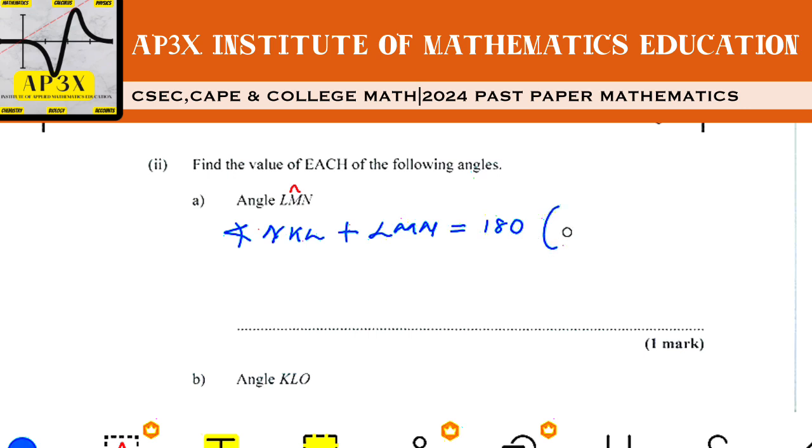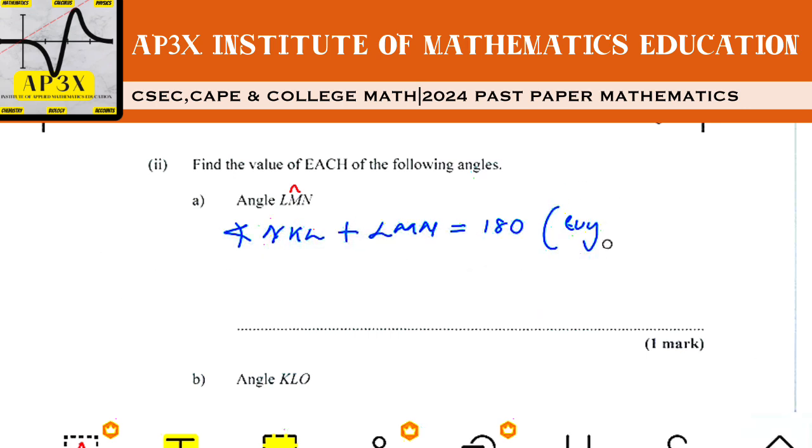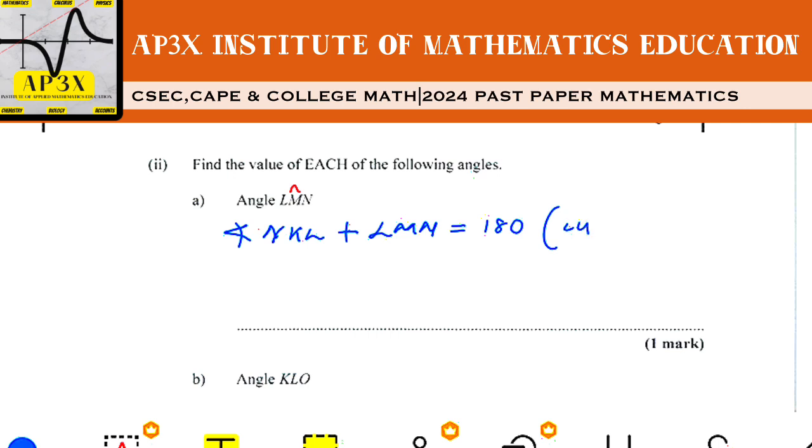That's according to the cyclic quad theorem. So the opposite angles are supplementary.